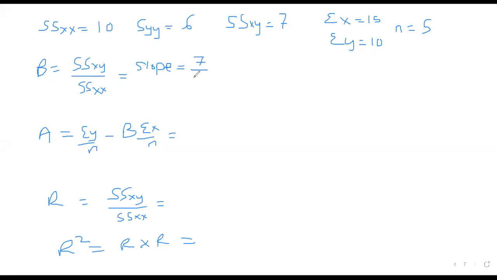And our XX? Our XX is 10. So what do we get as our B? Quickly, team members. 0.7. Team, our A is called what?